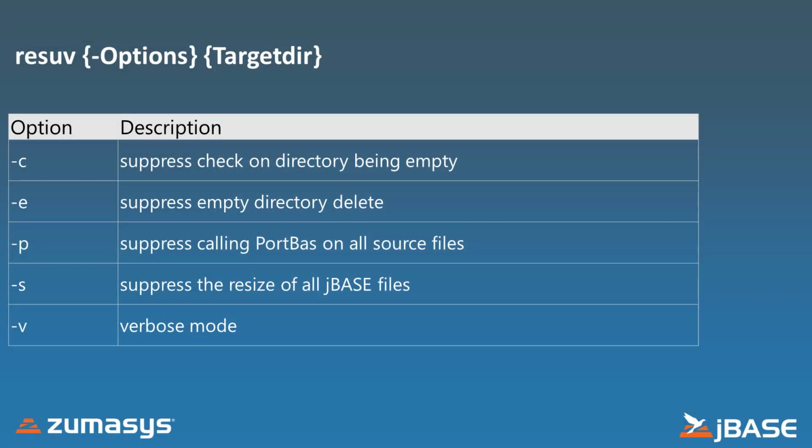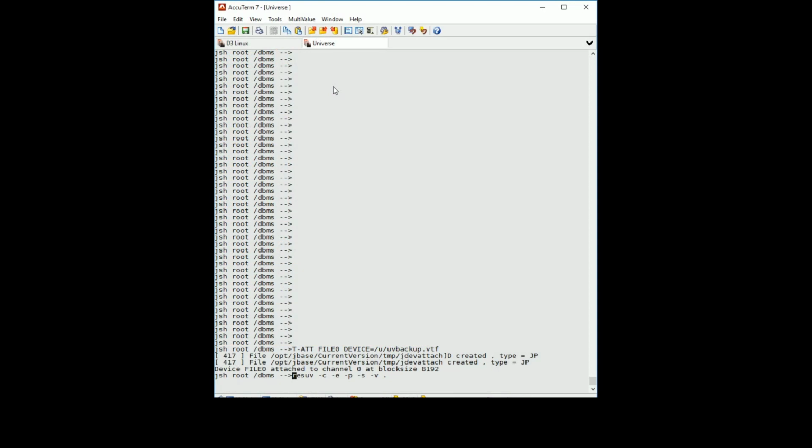And then the options are -C, -E, -P, -S, and then the -V is for verbose. And then the dot means we want to restore it to where we are at currently, which is our /DBMS, which is the base of our new jBASE machine. We've just installed jBASE, and we've got this directory.